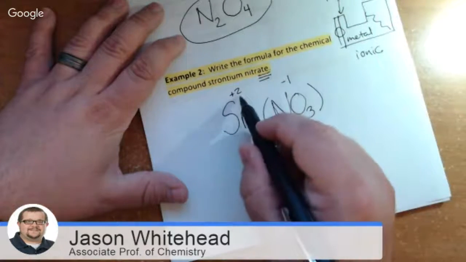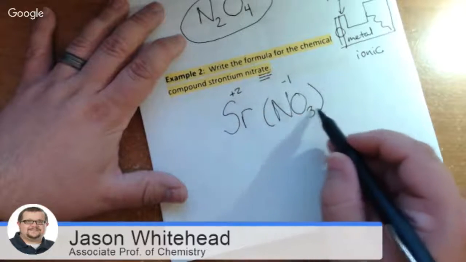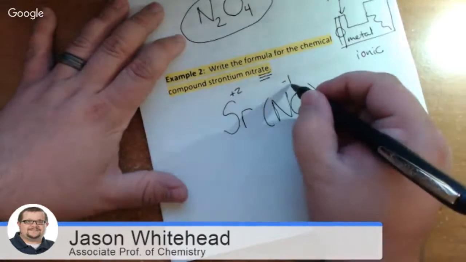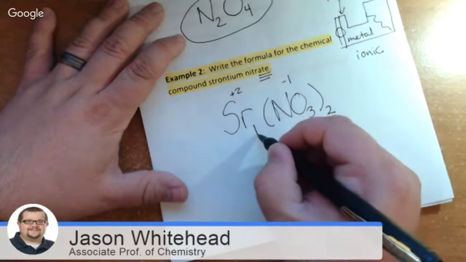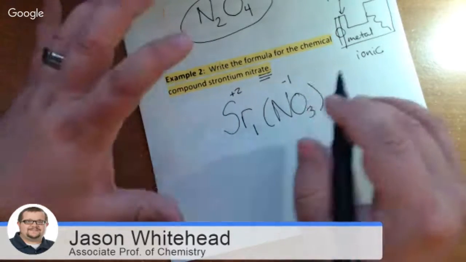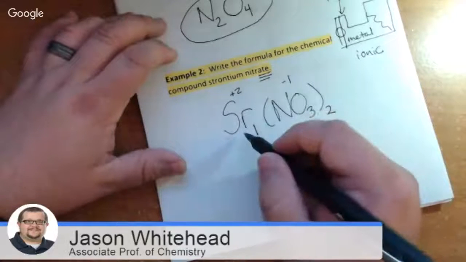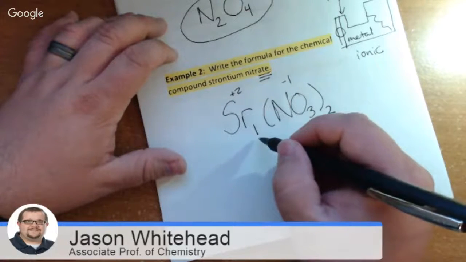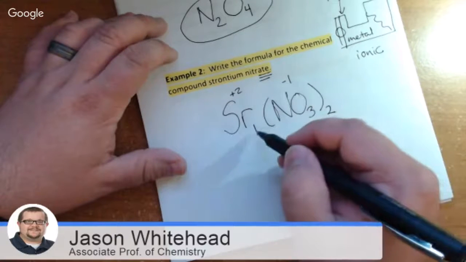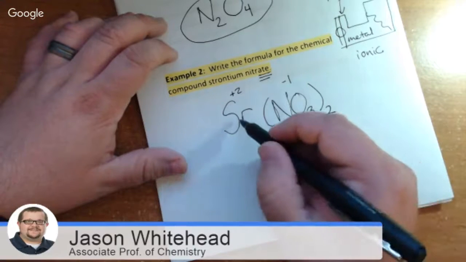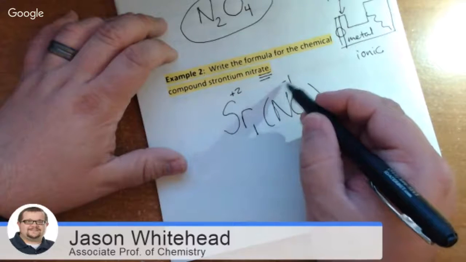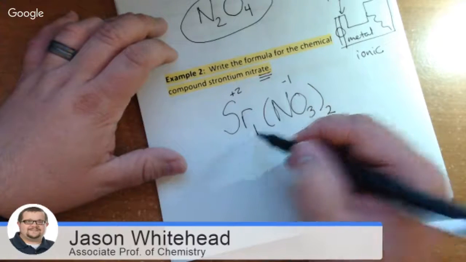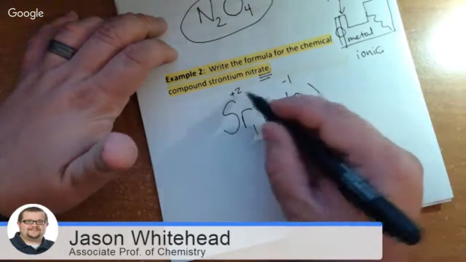So we're going to take the +2 charge on strontium, we're going to cross and bring it down. We're going to take the 1 and bring it down. Just a little note here, you don't bring down the sign. These little subscripts tell you how many. So it wouldn't make sense if you brought down a -1, because then you would have -1 strontiums. Just bring down the size of the number, not the sign on the number. Okay, so when we're done here, we can't leave these charges up here.